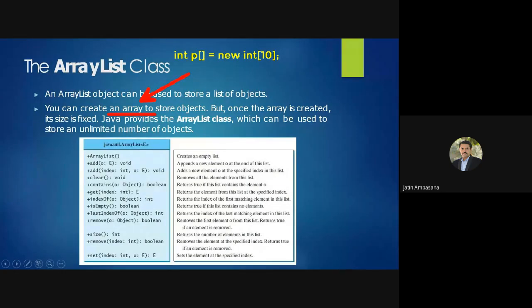This array p can point to p of 0 up to p of 9, right? What if you want to add some more objects to it? Well, you cannot do so. You cannot even add more primitive values, forget about objects.